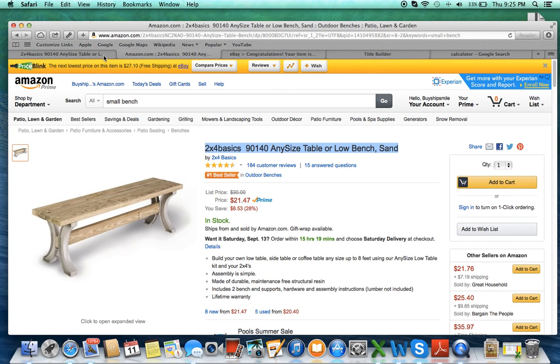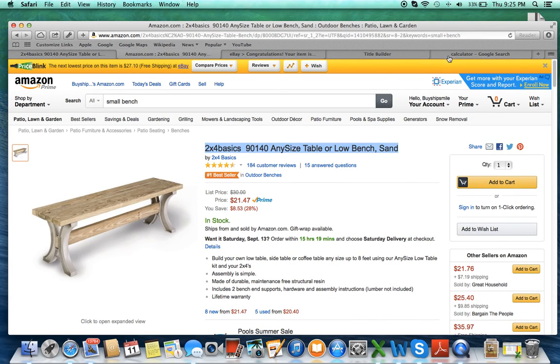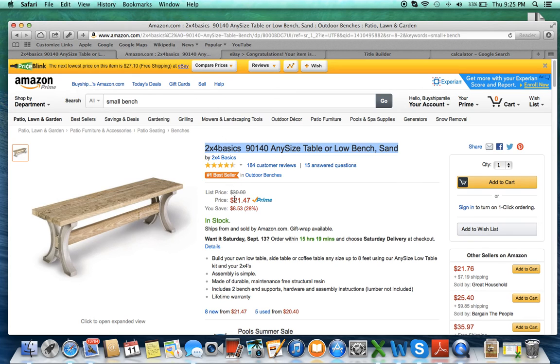If I sell it for $29.94, pay 15% of fees, this is what I'm left over with, $25.44, and we can tell that that's almost $3. It's about $2.88, so that's a good one, right?